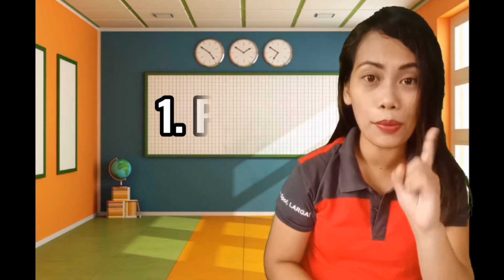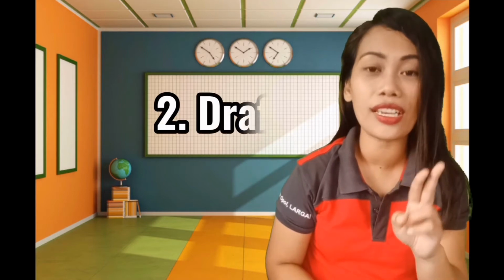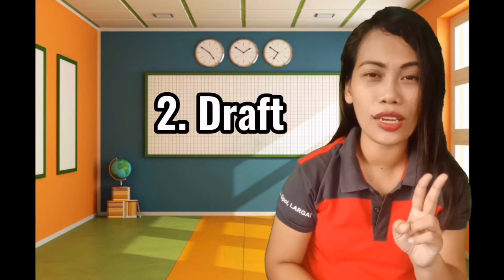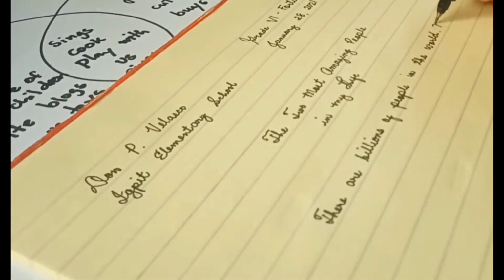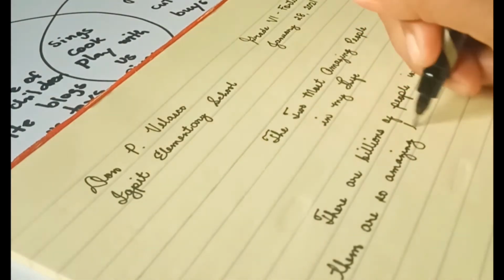The tips that I can give you in writing this paragraph is, first, plan what you are going to write. Second is, make a draft. Ito yung parang temporary writing. Ibubuhos mo lahat ng nag-isip mo using the ideas that you have in your brainstorming.